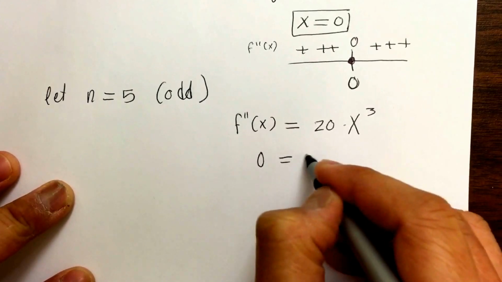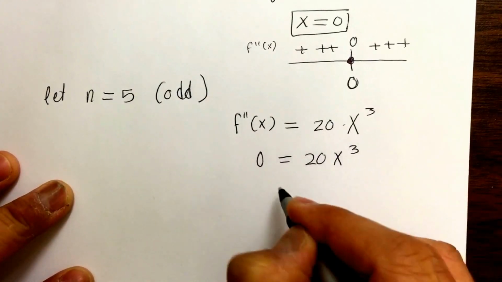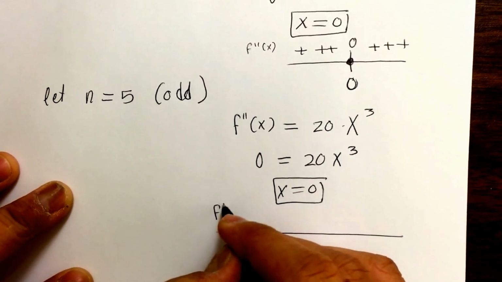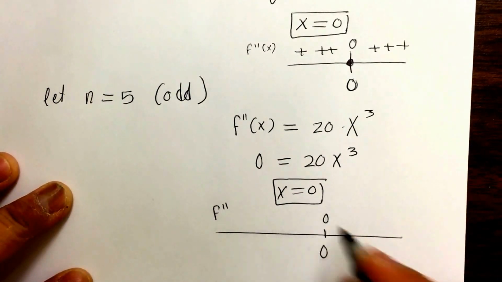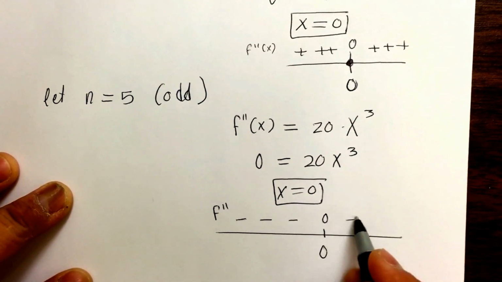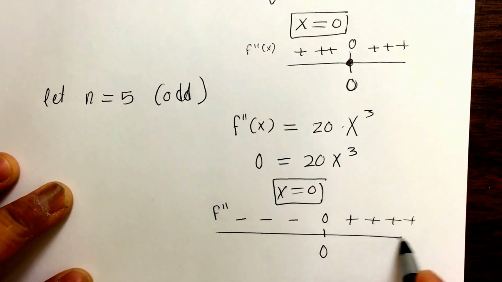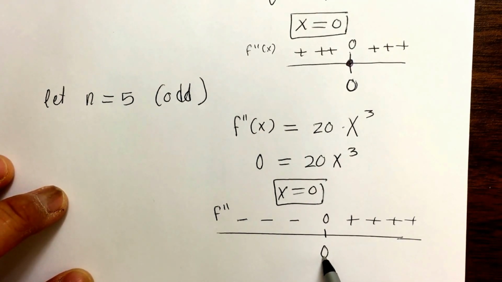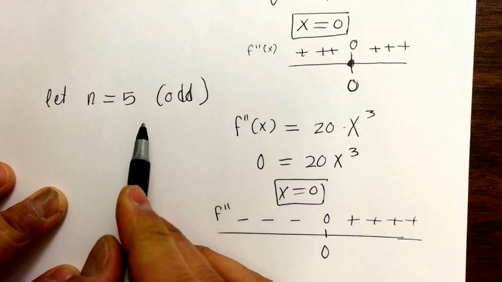And if you proceed to find the possible inflection point, you also see that x equals 0. We then create a sign chart, and we pick a test point to the left and to the right. And you will notice that there is a sign change at 0. So there is inflection when n is odd.